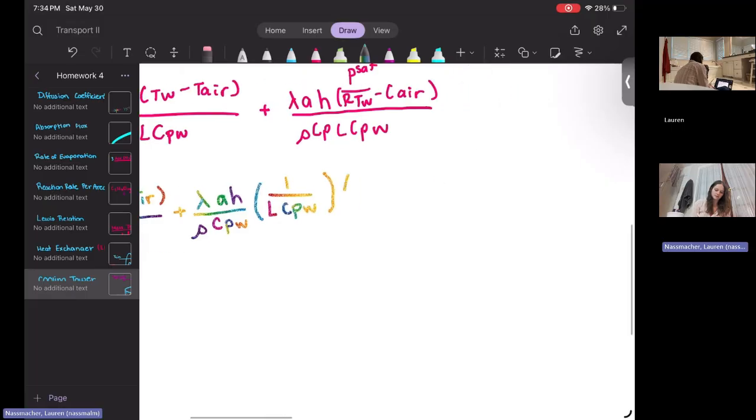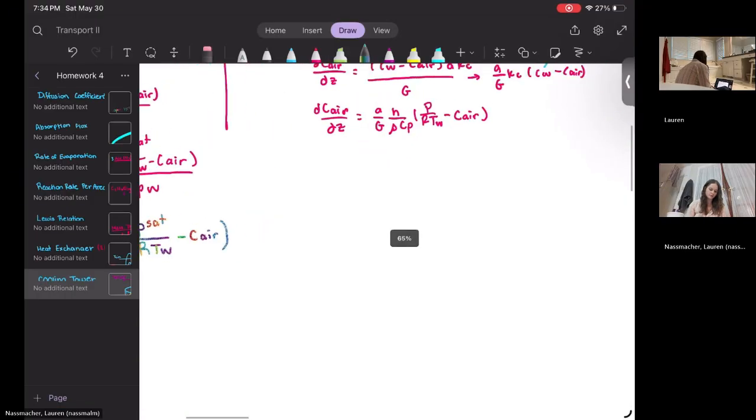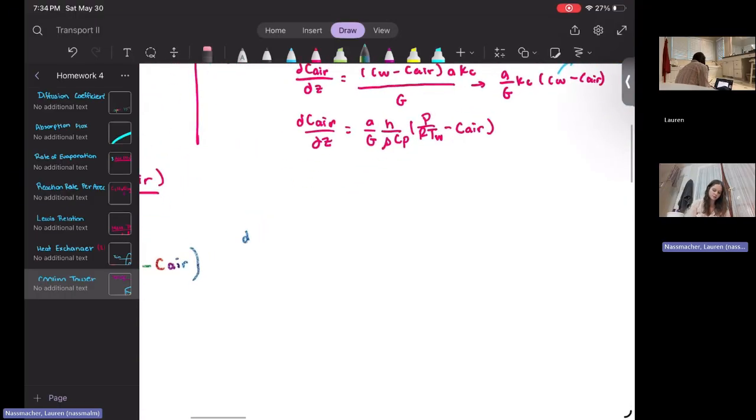And that is multiplied by saturated pressure, divided by our temperature of water minus concentration of air, or concentration of water in the air.